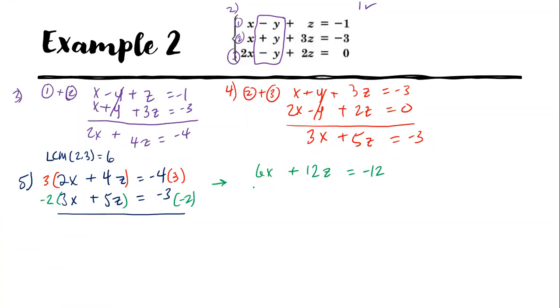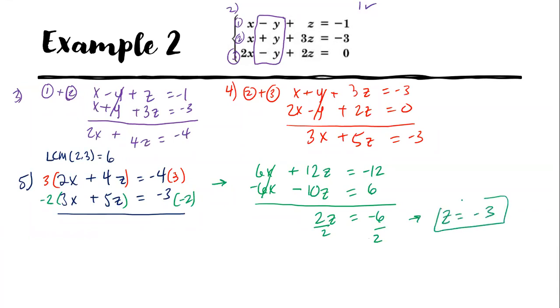And then I have -6x minus 10z equals +6. They eliminate just as I planned. And I get 2z equals -6, divide by 2, and therefore z equals -3.